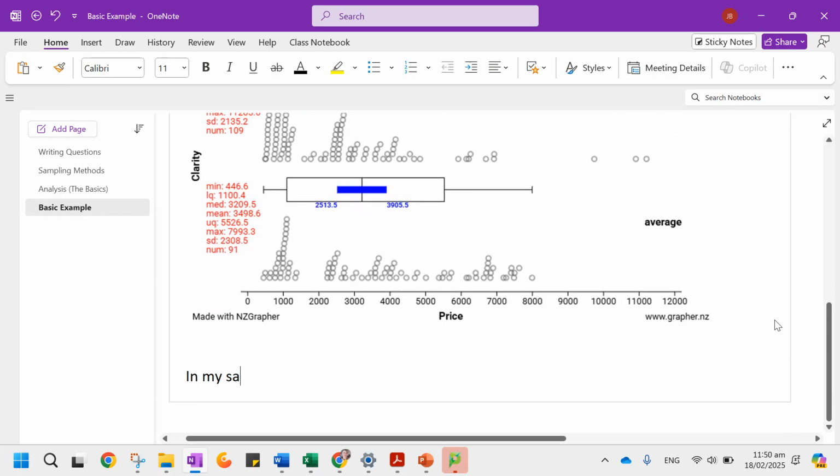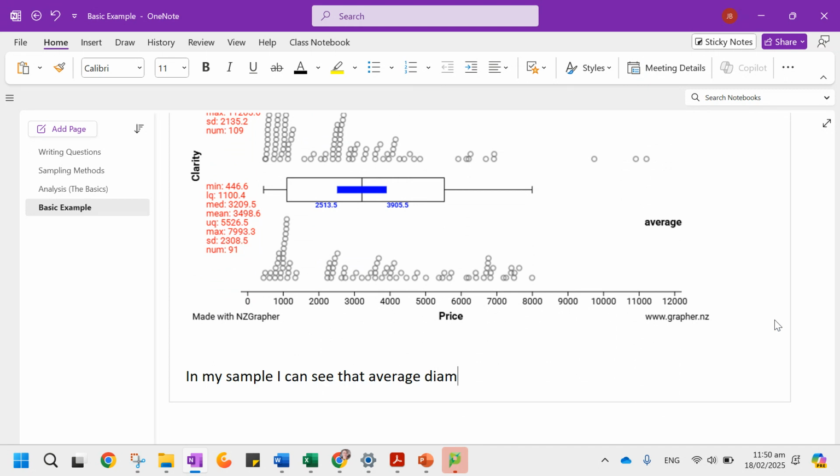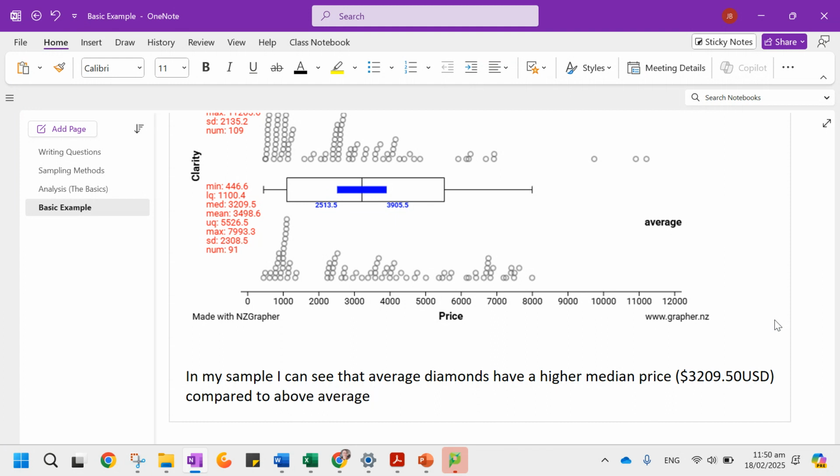So in my sample, I can see that average diamonds have a higher median price, and then I can put what the actual median is, which is $3,209.50 compared to above average diamonds.